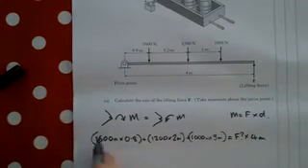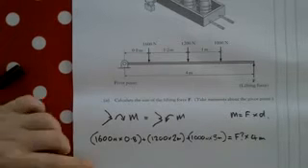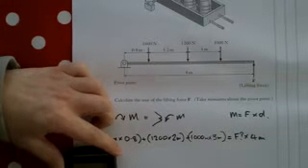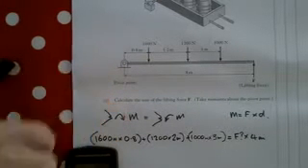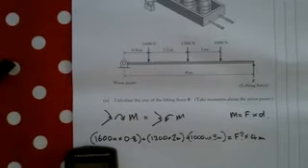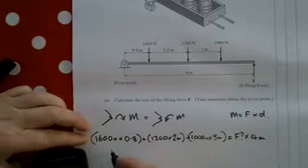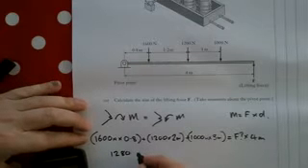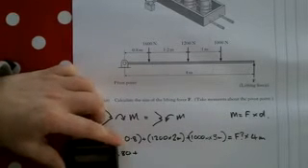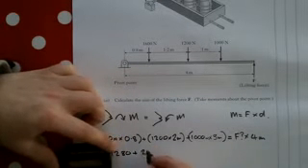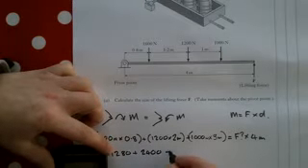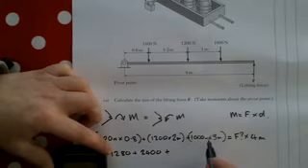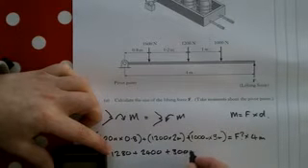Okay, let's just work these three out first. 1600 times 0.8 is 1280. 1200 times 2 is 2400. And 1000 times 3 is 3000.